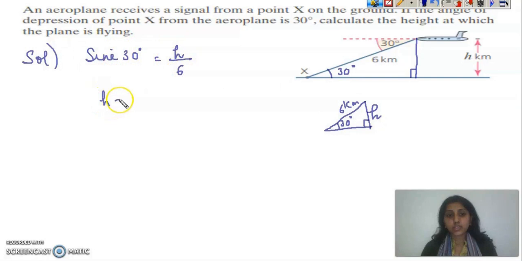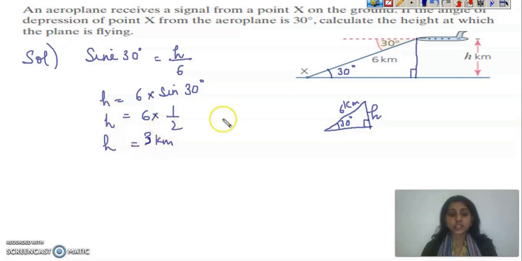It means h is equal to 6 multiplied by sin 30 degrees. You must have learned the basic values of sine, cosine and tangent ratios for 0, 30, 45, 60 and 90 degrees. Sine 30 degrees is half. Therefore, h is 3 kilometers. The plane is flying at a height of 3 kilometers.